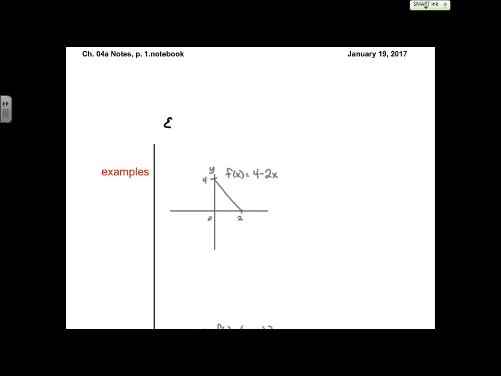Express the following areas using definite integrals.